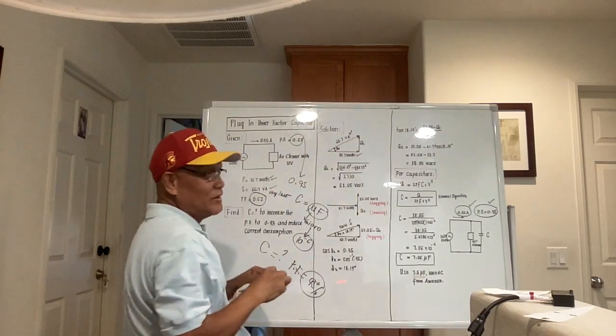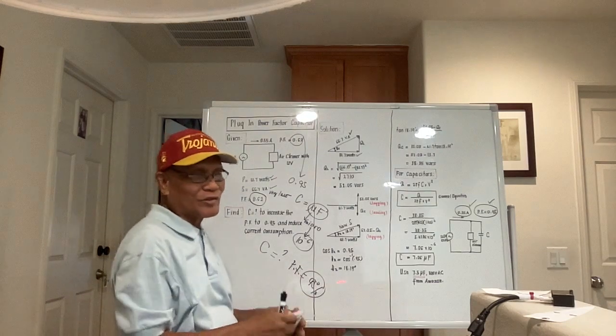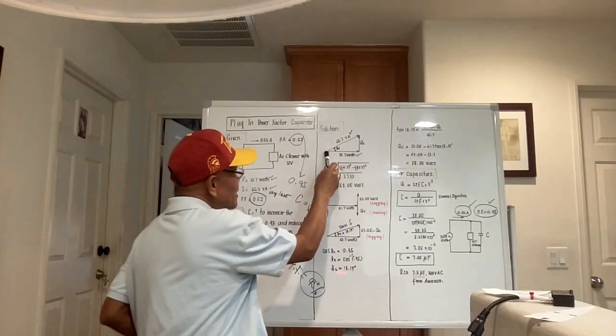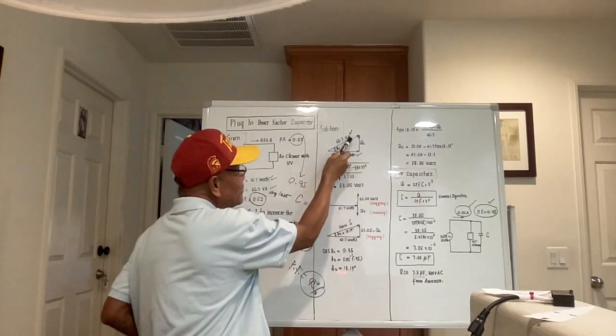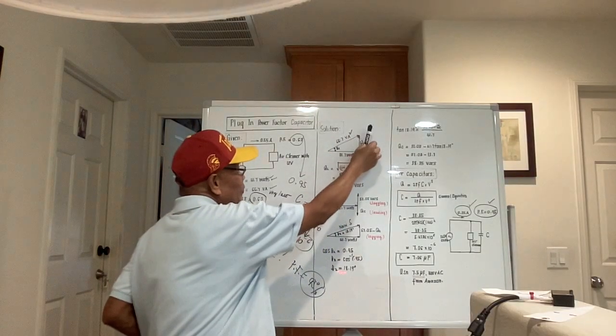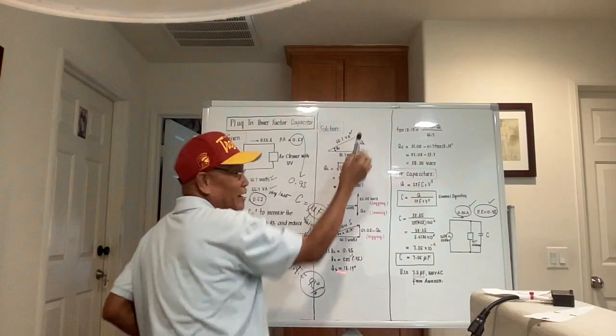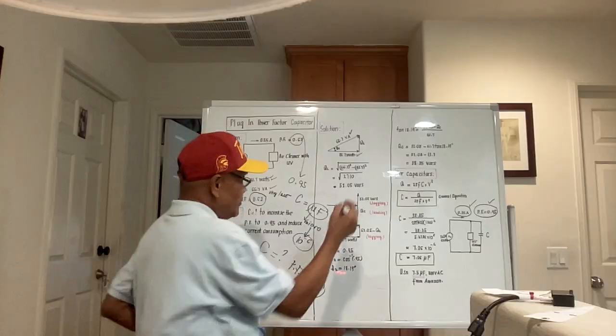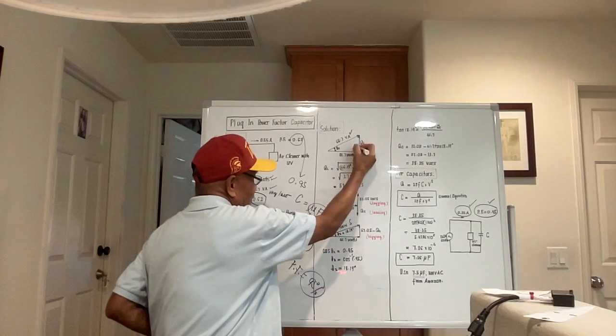Okay? So this now refers to the so-called study of trigonometry. We are given the adjacent side. We are given the hypotenuse. So we could compute for the opposite side by using the Pythagorean principle. This is trigonometry. This is a right angle, right?